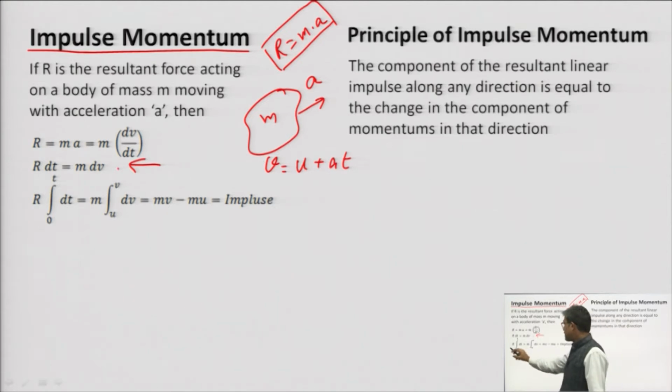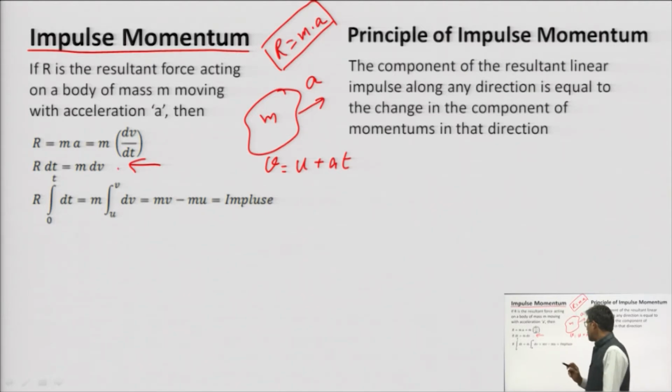So R can be taken out of the integral. So, it is R times the integral of dt from 0 to t, equal to m times the integral of velocity from u to v.